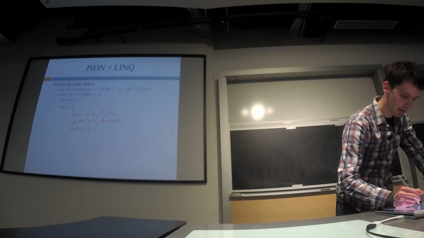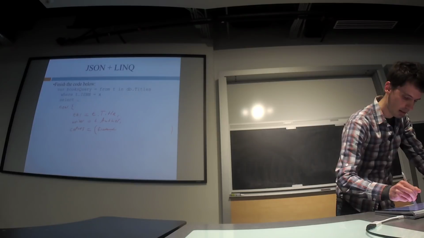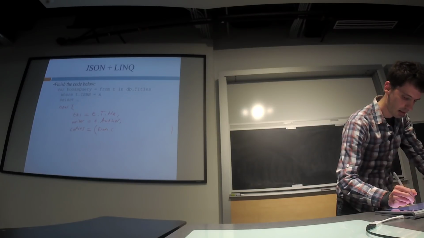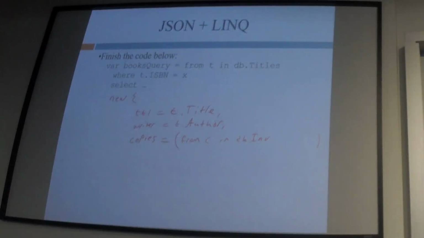We'll call it, I don't know, c in database.inventory, where c.isbn equals x, select c.serial.